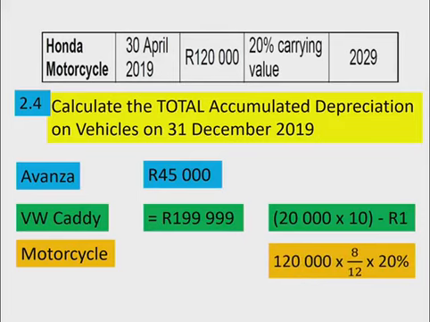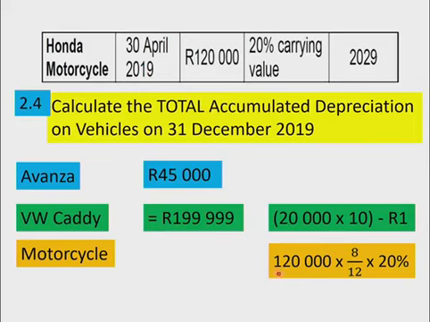But now, grade 11, why am I using the cost price method over here, even though they're telling us it's 20% on the carrying value? Remember, we're in the first year. So in our first year, there's no accumulated depreciation of the previous year.